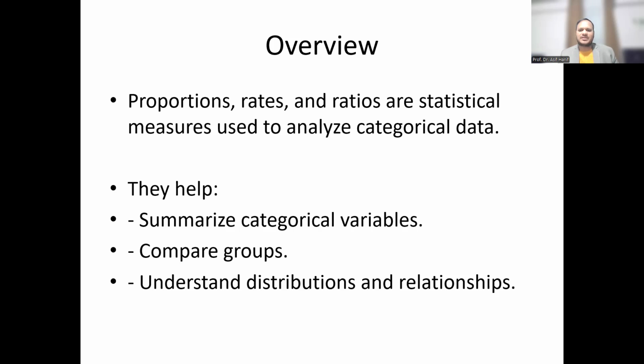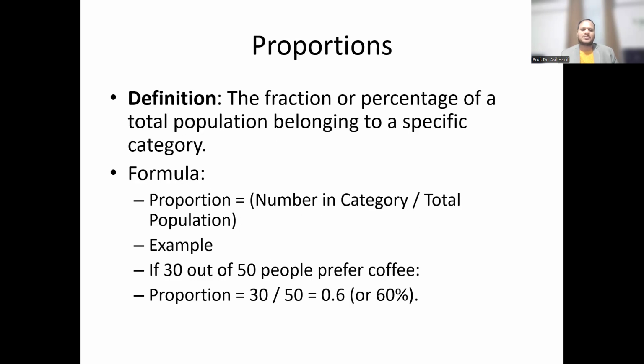So proportions, rates, and ratios are statistical measures used to analyze categorical data. Definitely, they help to summarize categorical data, compare groups, and understand distributions and relationships. The definition of proportion is the fraction or percentage. So one thing is now clear: percentage is basically the proportion of the total population belonging to a specific category, like the number in the category divided by the total population.